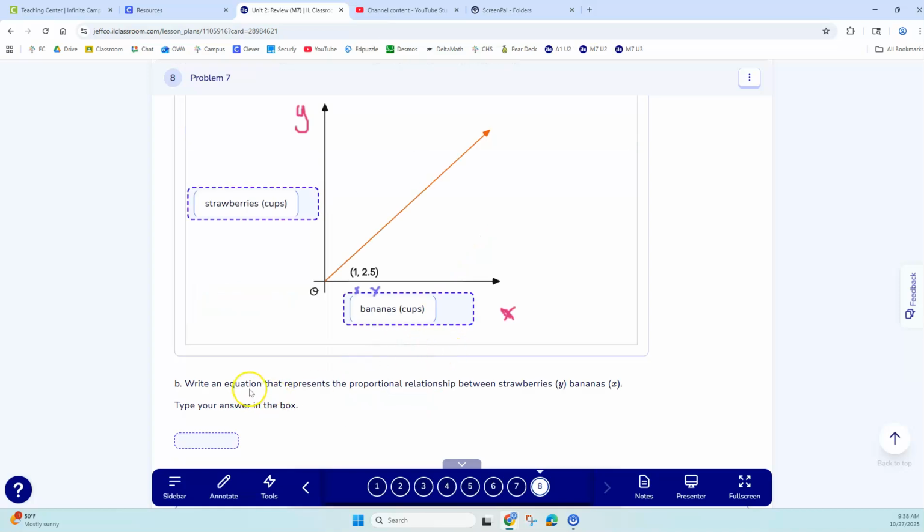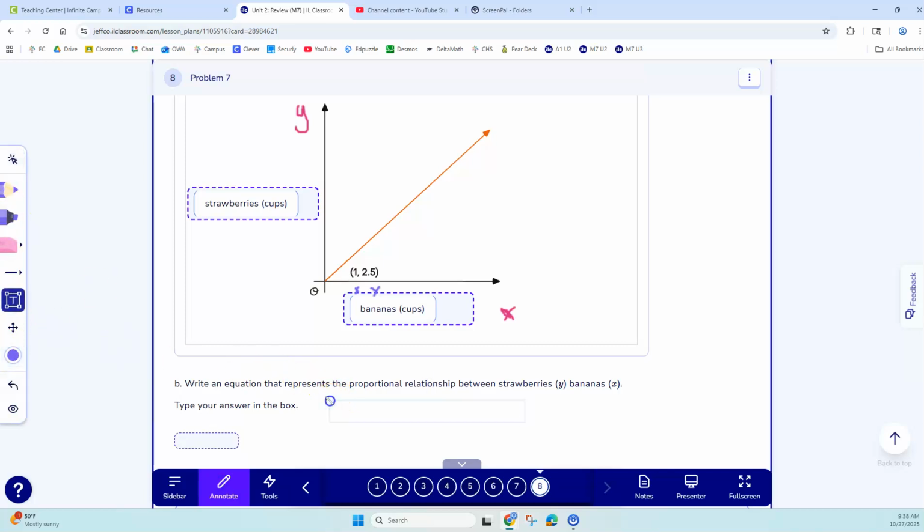Okay. Write an equation that represents the proportional relationship between strawberries and bananas. Here's where, if you're a little confused on that whole equation thing, first of all, the basic equation itself is y equals k times x.